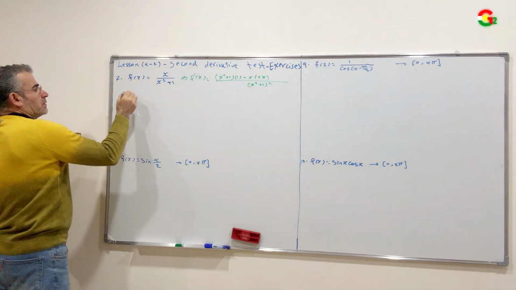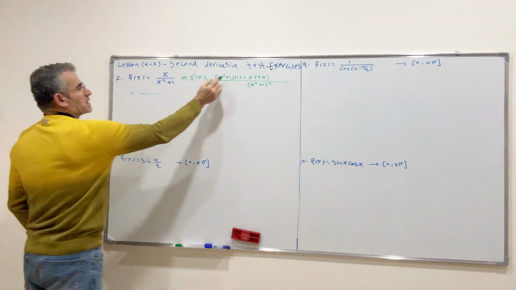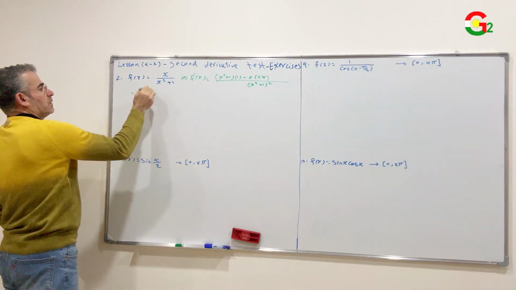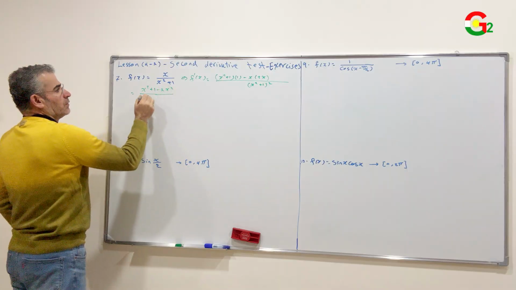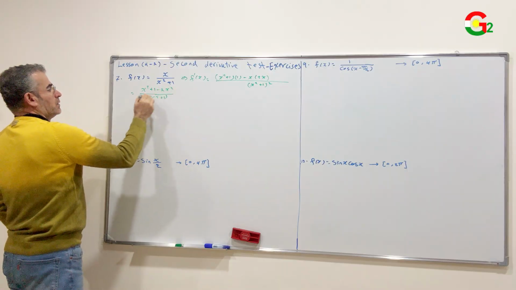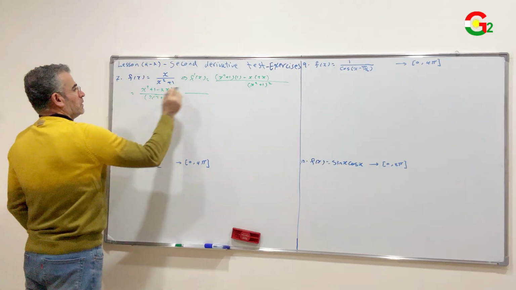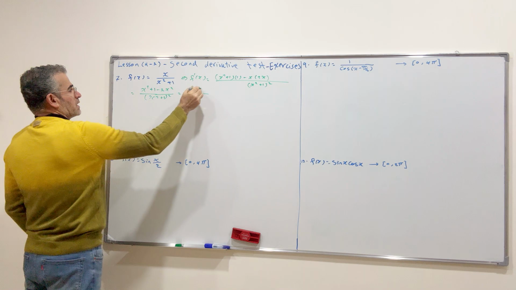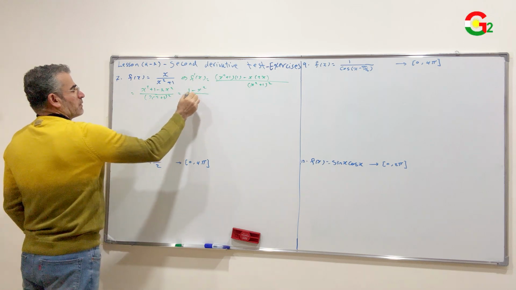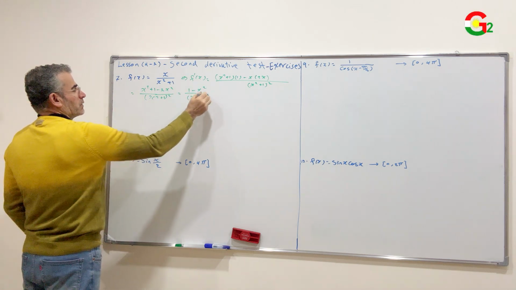Simplify this function. X power 2 plus 1 minus 2x power 2 over x power 2 plus 1 squared, equal to 1 minus x power 2 over x power 2 plus 1 squared.